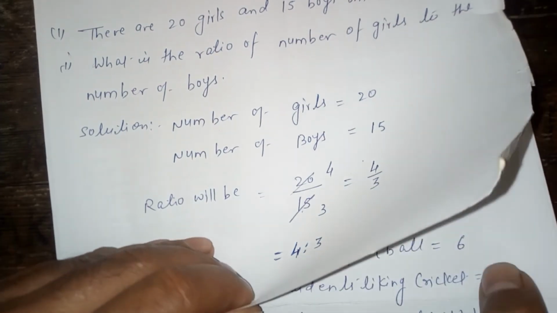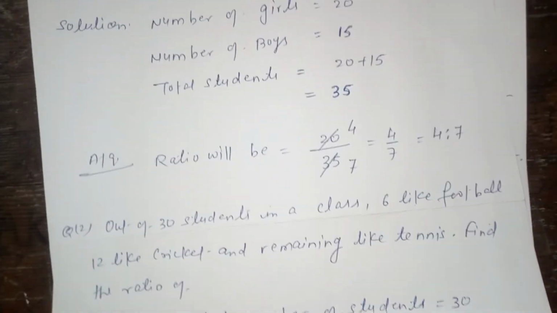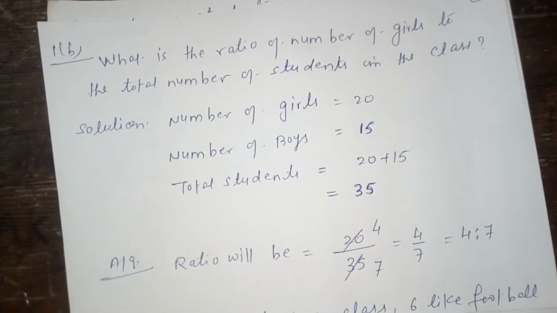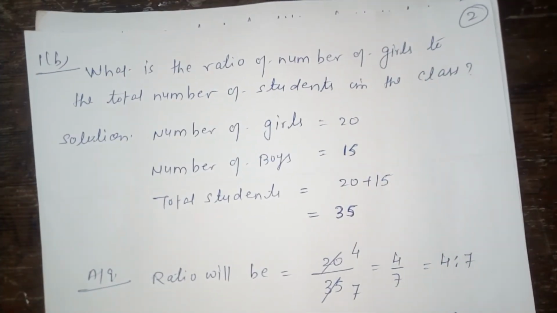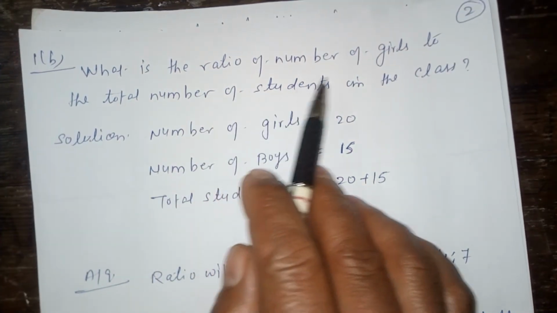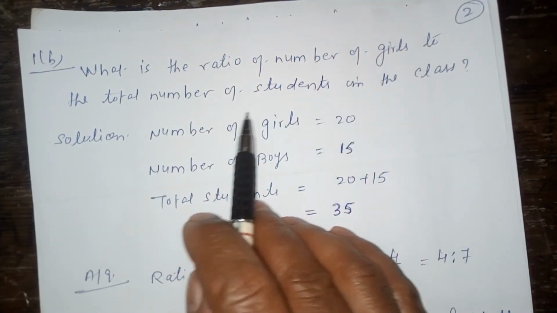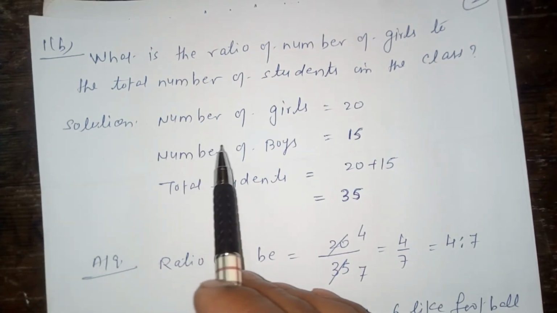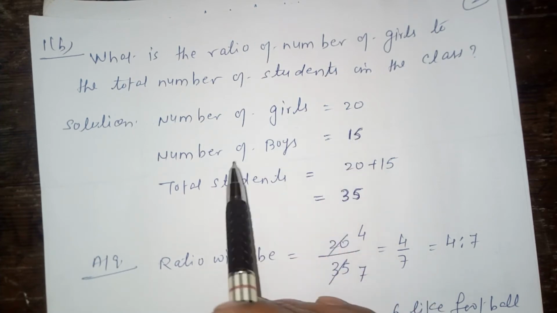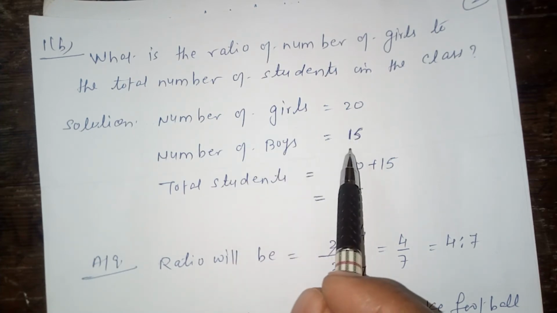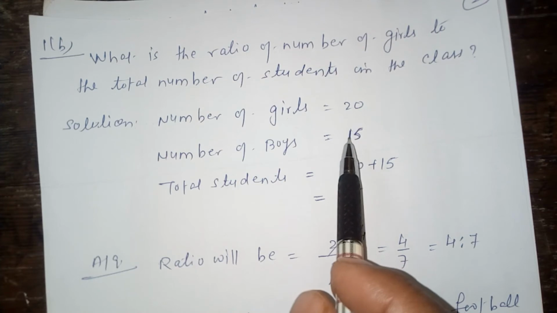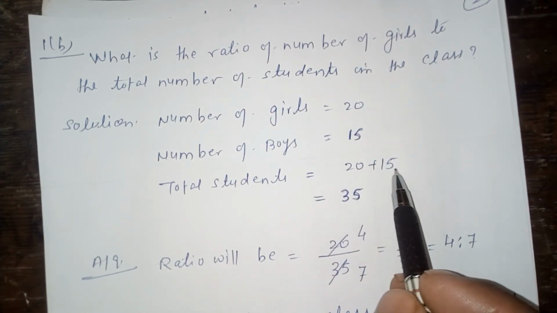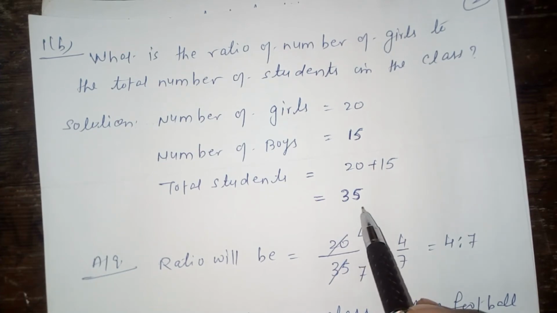Okay, my dear students, your next question is, all these questions are very easy for you. What is the ratio of the number of girls to the total number of students in the class? As you know, the number of girls is 20 and the number of boys is 15. So we can find the total students. Total students will be 20 plus 15, which gives you 35.